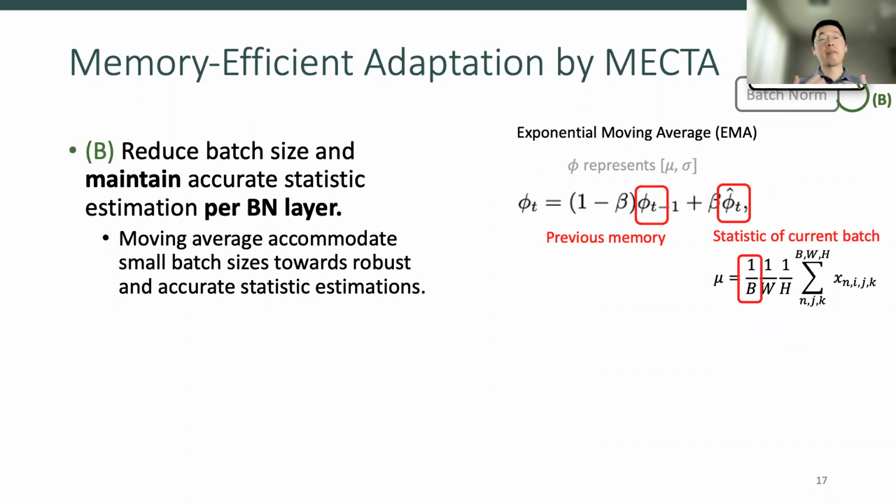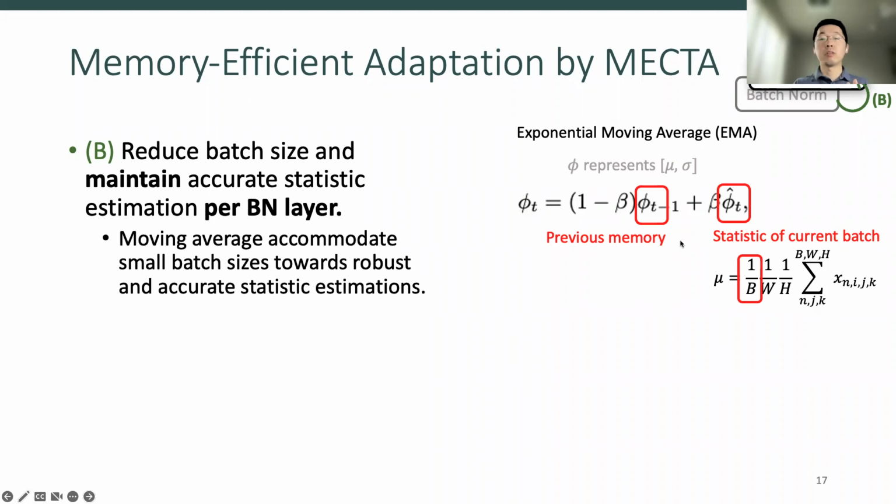We leverage the idea from traditional batch normalization. Traditional batch normalization computes a moving average of the statistics during training, such that we can use these statistics at test time. But recent continual test-time adaptation methods only use the current batch statistics, and they totally ignore the training statistics and all the memory of statistics from previous batches.